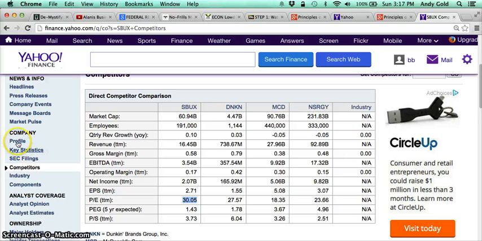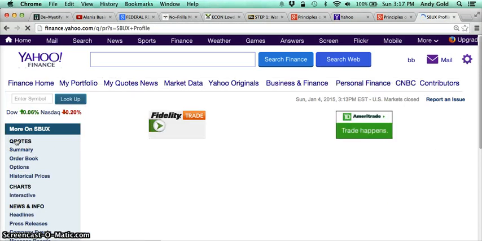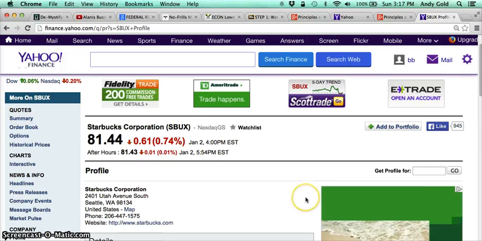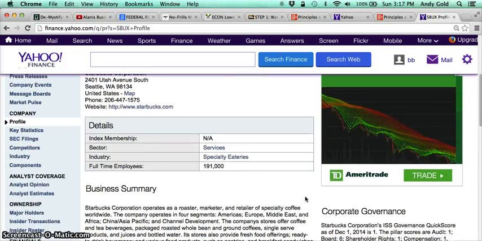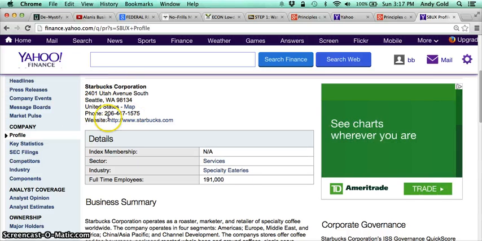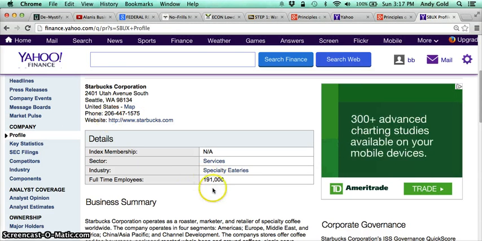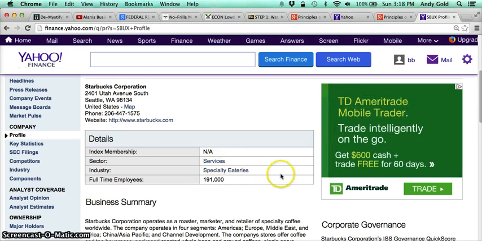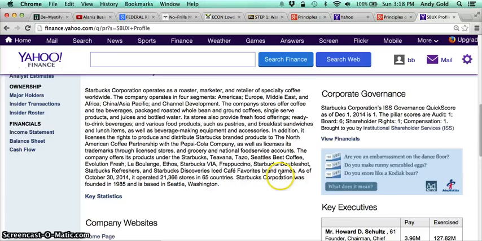The other thing you can look at is if you go to the profile for Starbucks, it gives you some interesting information about the company. It tells you obviously where they're located, tells you how many full-time employees they have. It'll tell you what industry sector they're considered to be part of.